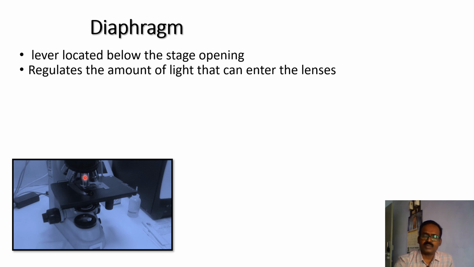The diaphragm is slightly open for the low power objective lens, partially open for the high power objective lenses, and fully open for the oil immersion objectives. These adjustments are very important to focus the slide.